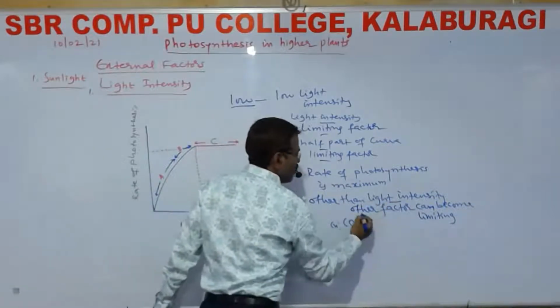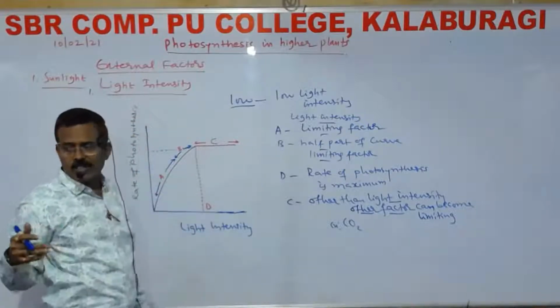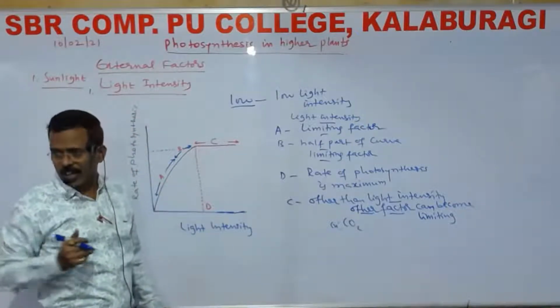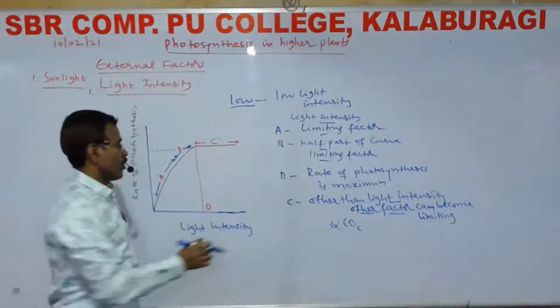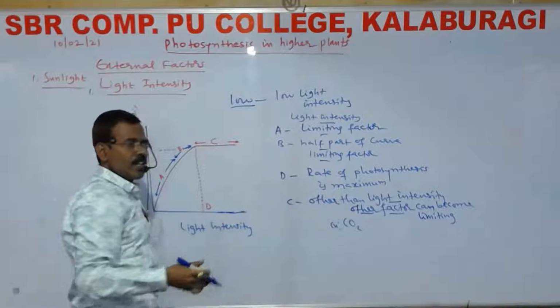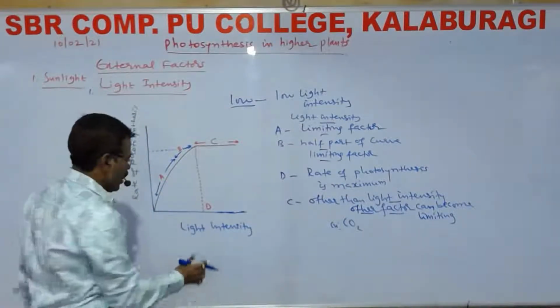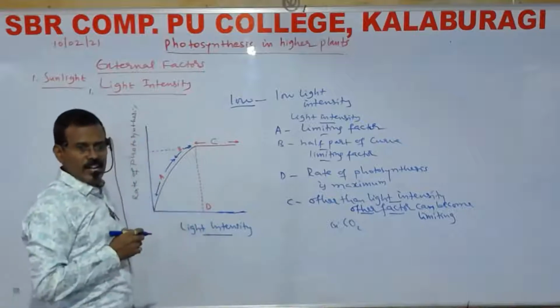Other than the light intensity, other factors can become limiting. So this is the graph showing the rate of photosynthesis influenced by light intensity.